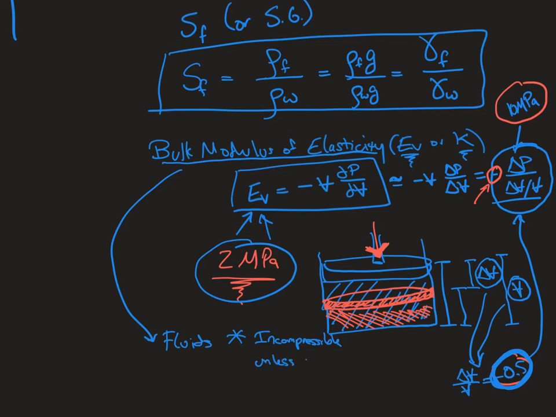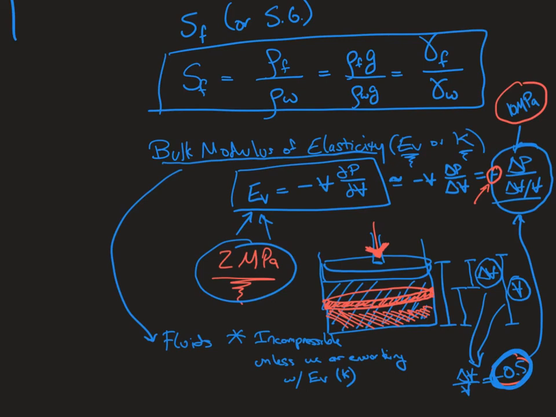Unless we are working with a bulk modulus problem, E sub V or K problem. So if the problem isn't about the compressibility of the fluid, assume it's incompressible. Typically, even gases are considered incompressible unless you start getting speeds that are about a third of the speed of sound.